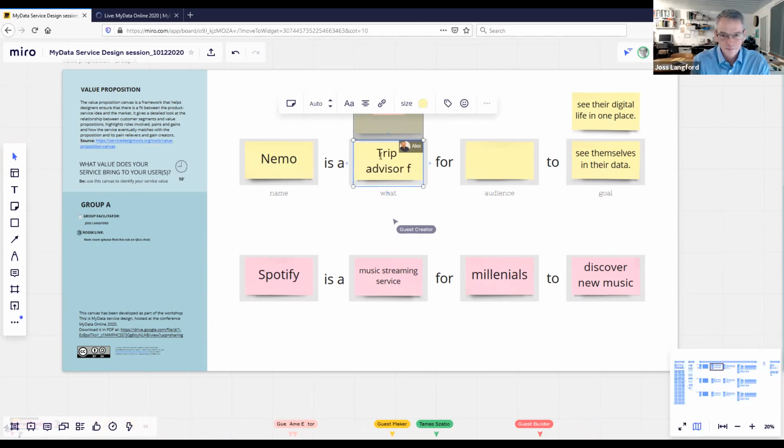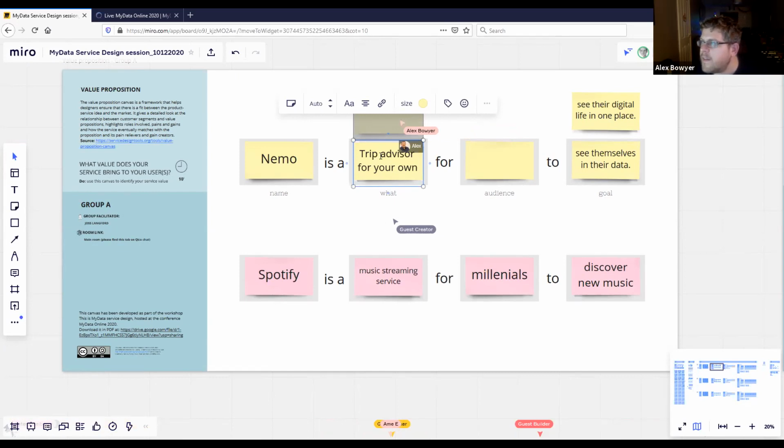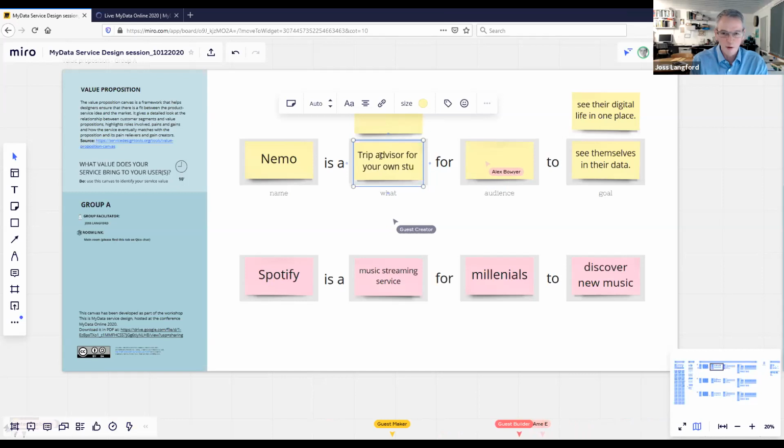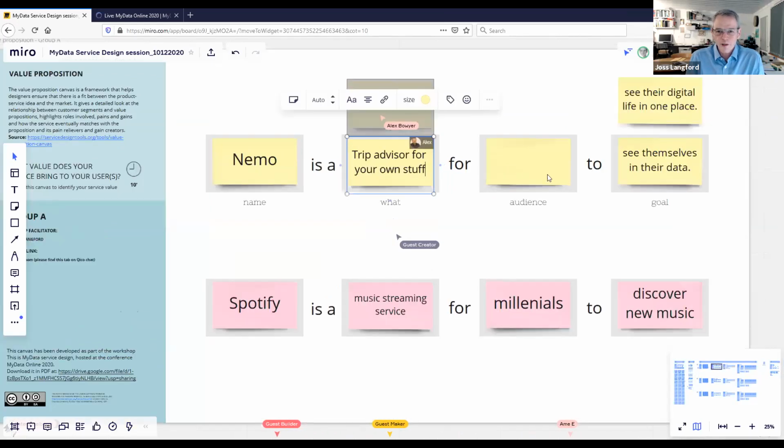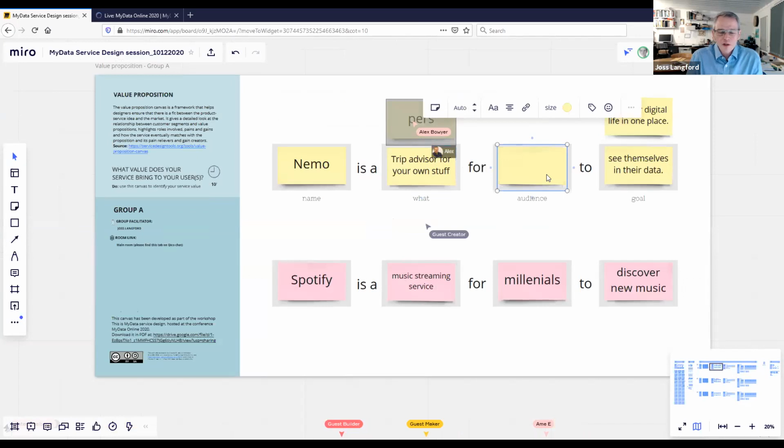TripAdvisor for your own... I think that's quite cool actually, because that's a little bit like a trip down memory lane sort of thing, isn't it? Maybe personal TripAdvisor. Well, I've dominated one box there. And this is again using the tool here, we can put these different versions up and we can move them around.